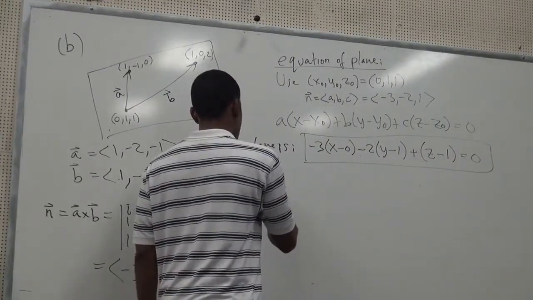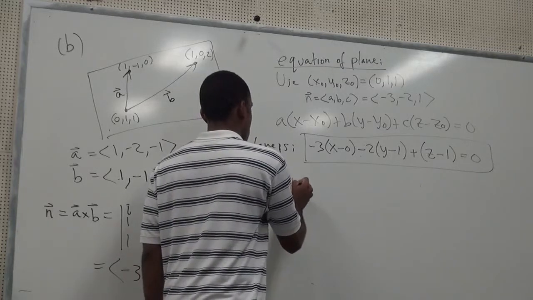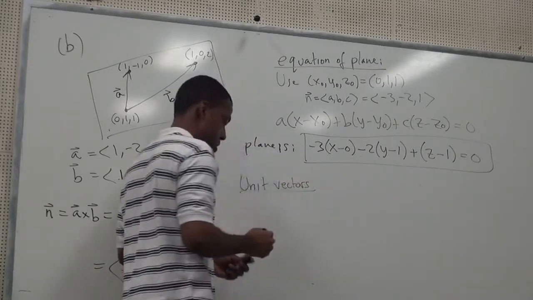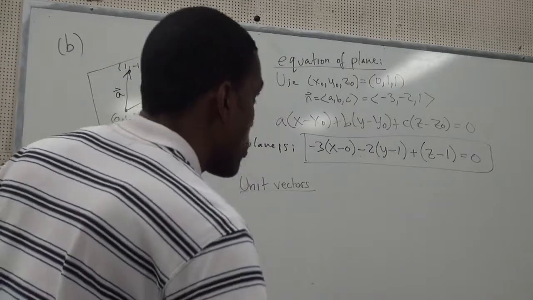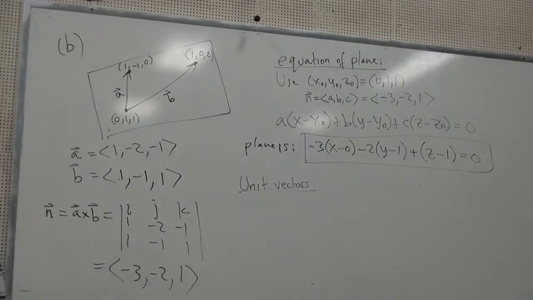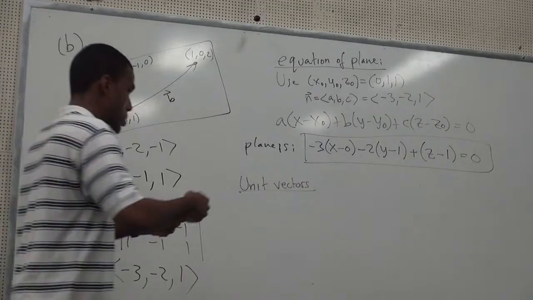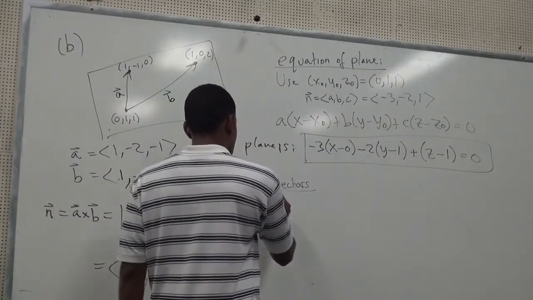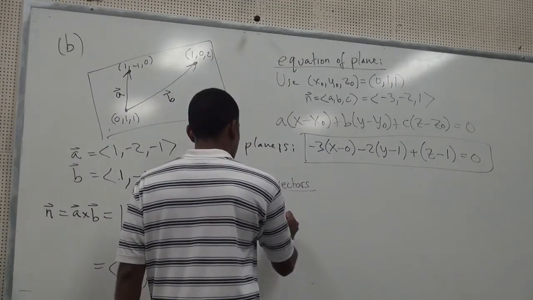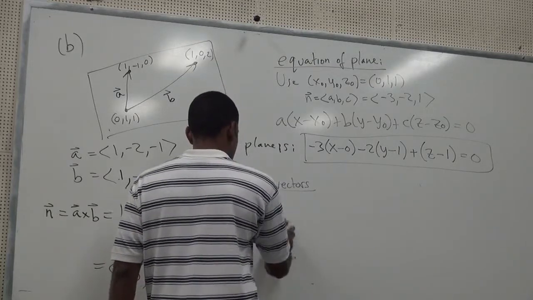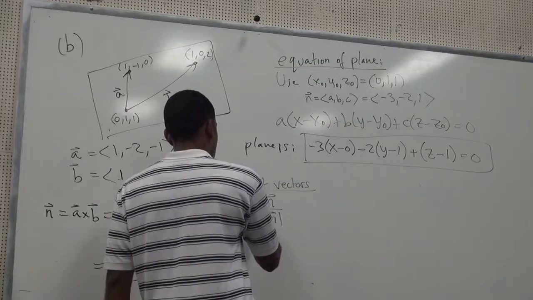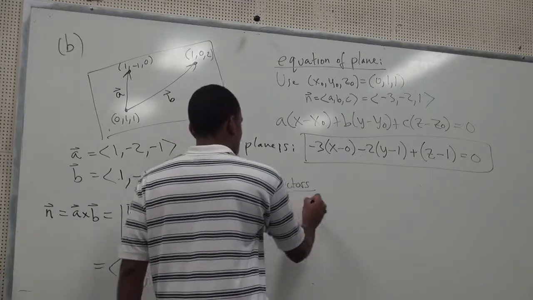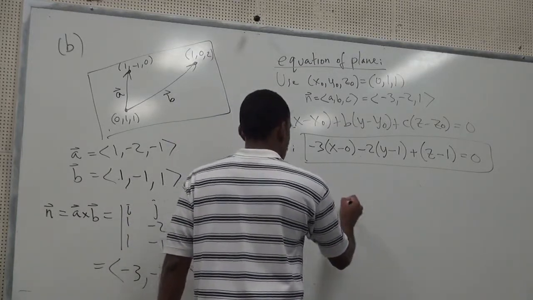And the unit vectors are going to be which guys? It's going to be the unit vector of n and then the unit vector of negative n. So the unit vectors are this guy, u1, and u2 is just the negative.